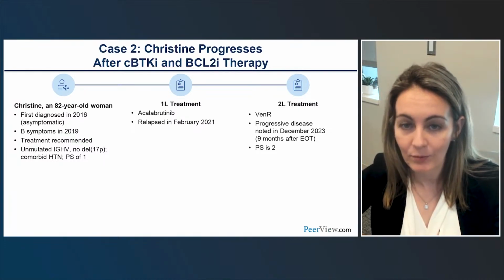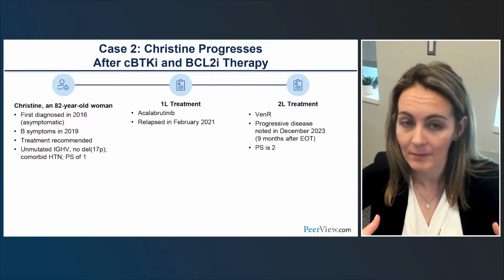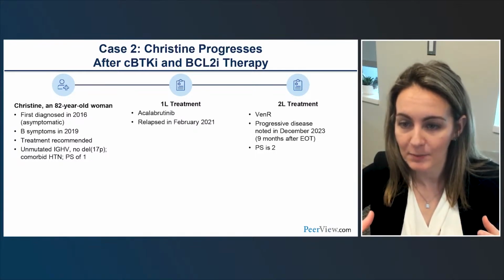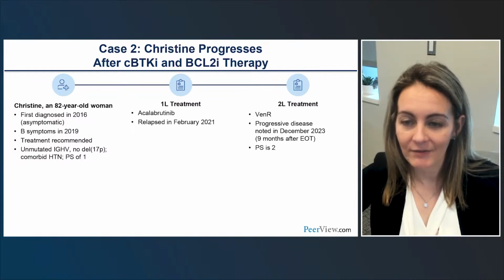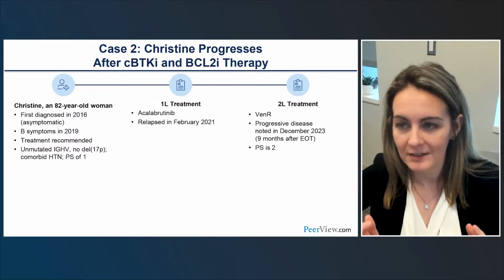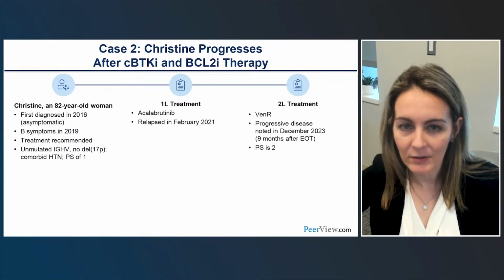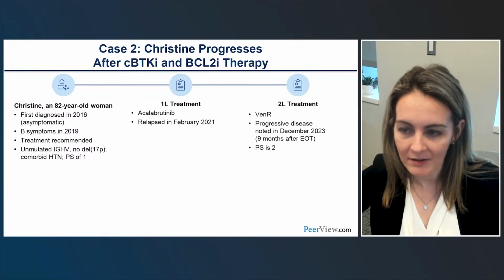So now we have a patient who's been exposed to a covalent inhibitor, discontinued for progression, and now a BCL2 inhibitor, venetoclax-based therapy, and relapsed really, really shortly after. Very high risk patient. I would put this into a double refractory category here. Based on what we've seen earlier in the presentation, she should definitely get repeat prognostic testing.